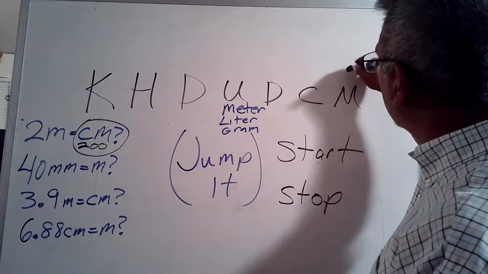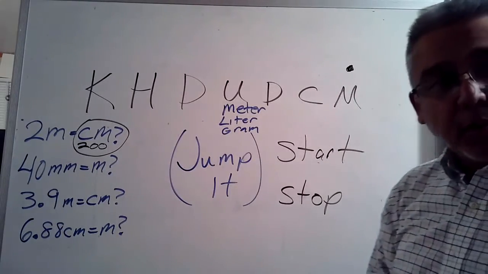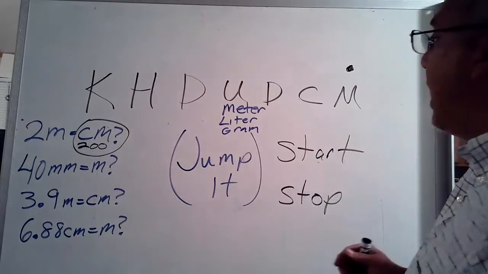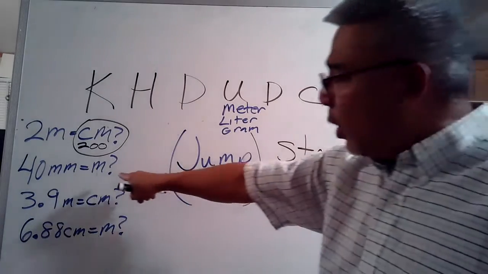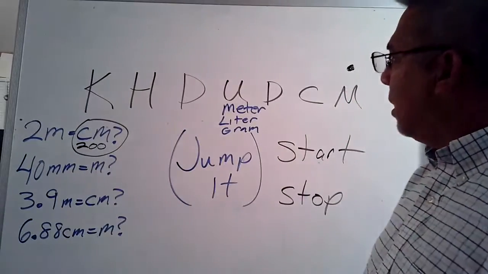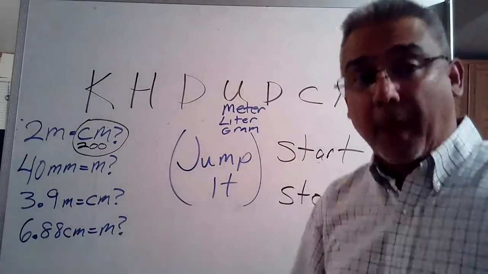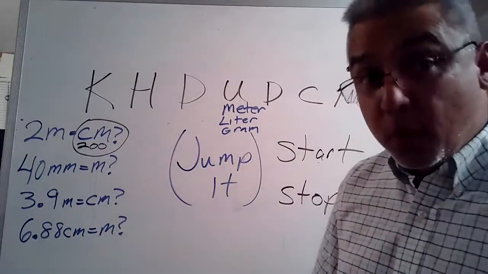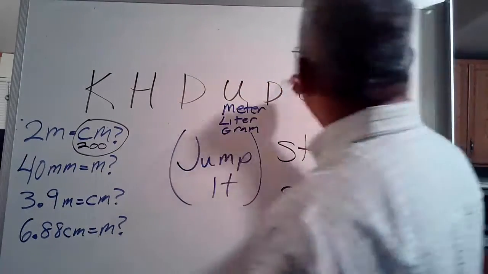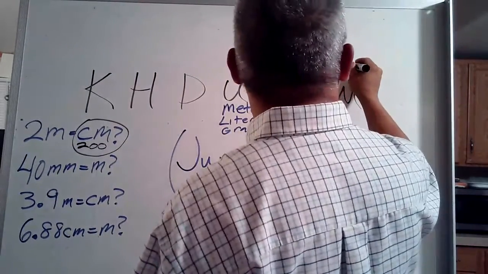My start is there. And I need to what? That's right, jump it. Now, I'm going to where? M. Just one m. Now if we remember about the base, the unit, then we know m is hiding right here. So we got to jump it.